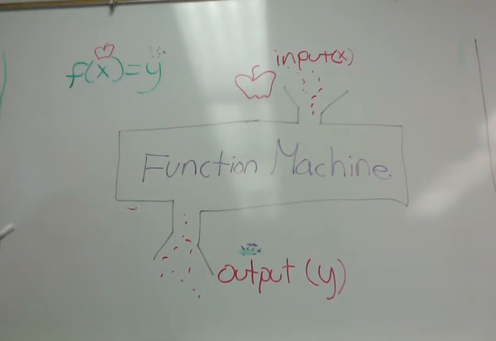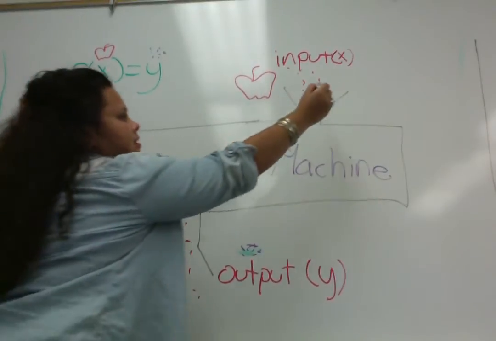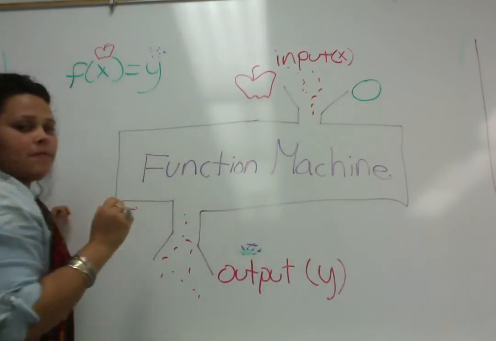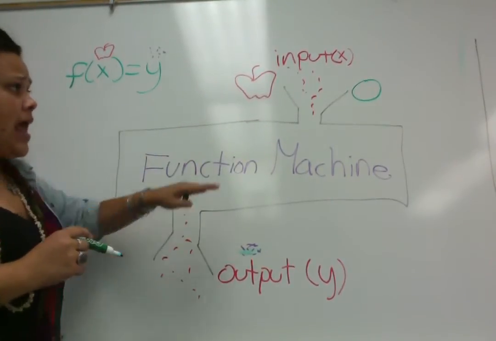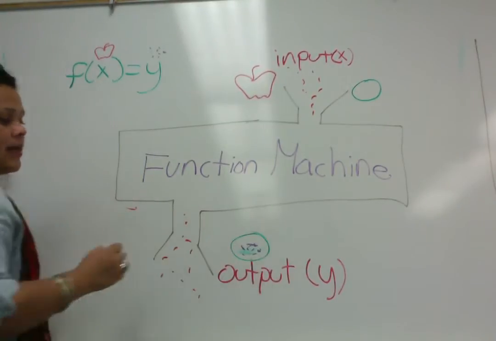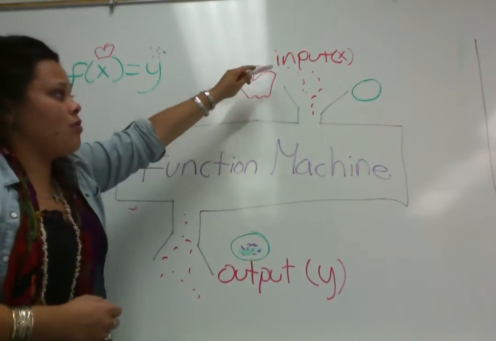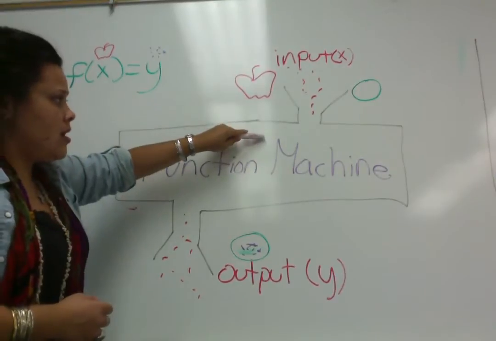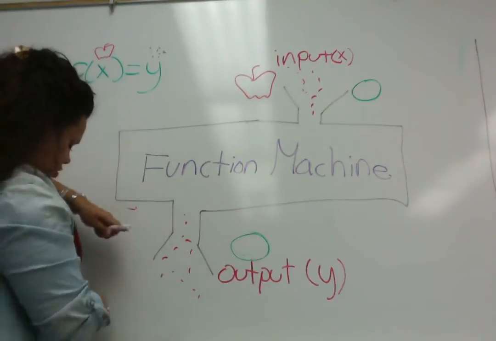What if we have an orange? Let's say this is an orange, okay? So an apple goes in, produces seeds. An orange can also go into the function machine and produce seeds again. But what cannot happen is if I put an apple into the function machine, my output's already seeds, so I cannot get an orange.